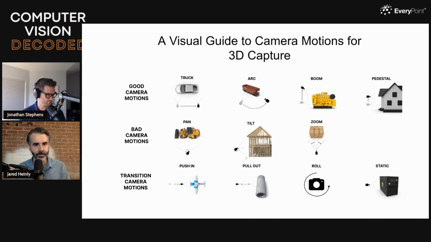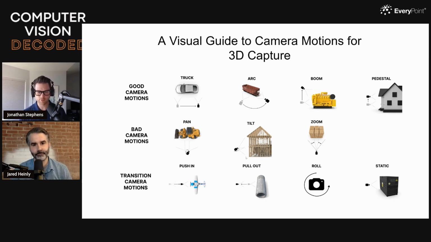There's some math, there's algorithms, there's logic going on in how that 3D reconstruction is performed. And so these good camera motions that we've highlighted here support and reinforce the kinds of things that logic, those algorithms and the math are looking for. Whereas those bad camera motions are doing things that violate some of the assumptions and constraints that 3D reconstruction needs in order to actually work.